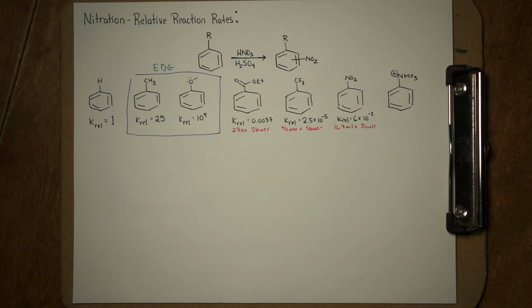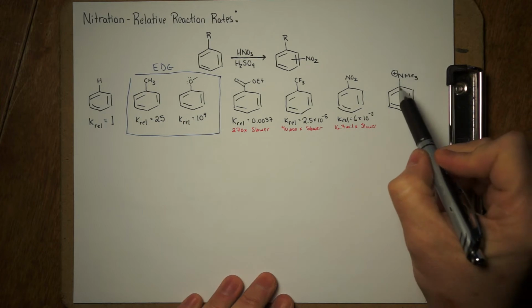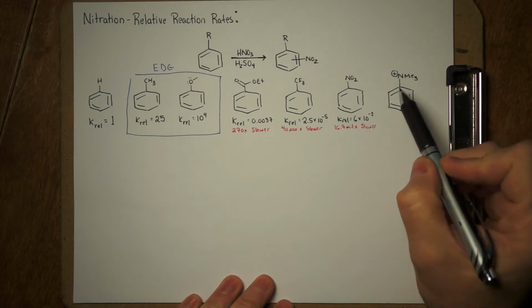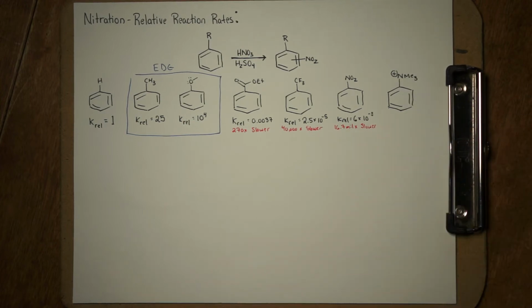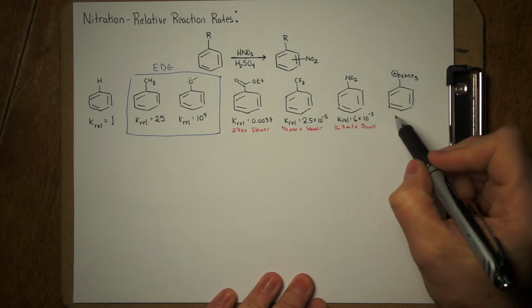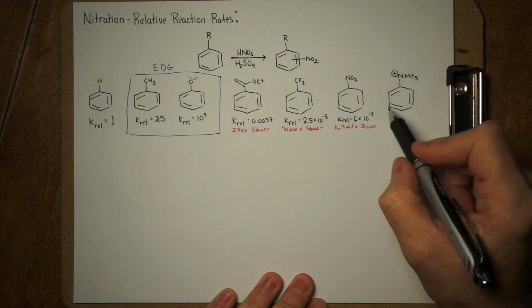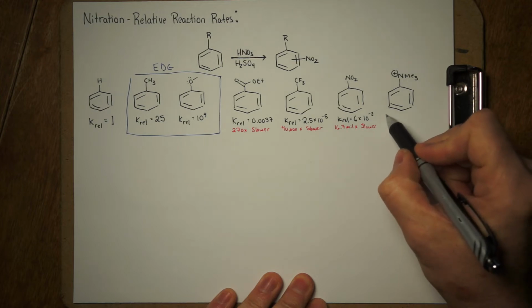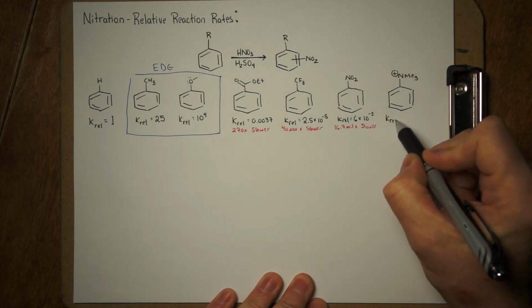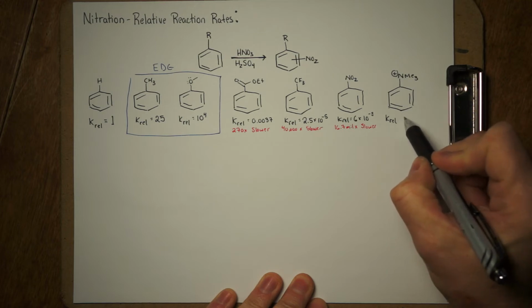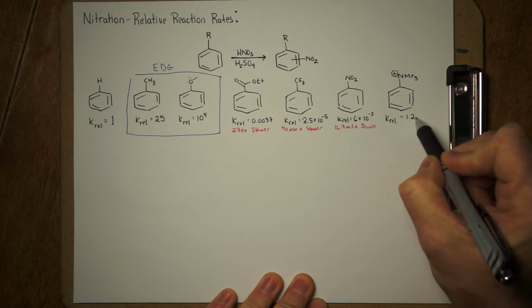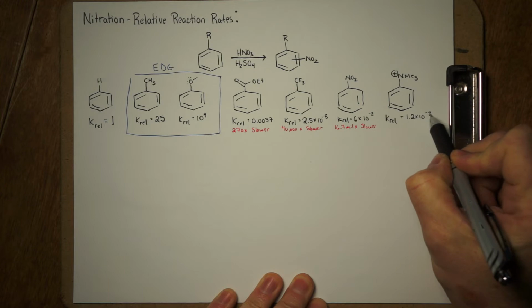So it's positively charged, which means that the carbon-nitrogen bond is very, very strongly polarized toward nitrogen. Okay, so this is a really electron-poor aromatic system. That's illustrated by its relative reaction rate constant of 1.2 times 10 to the negative eighth.